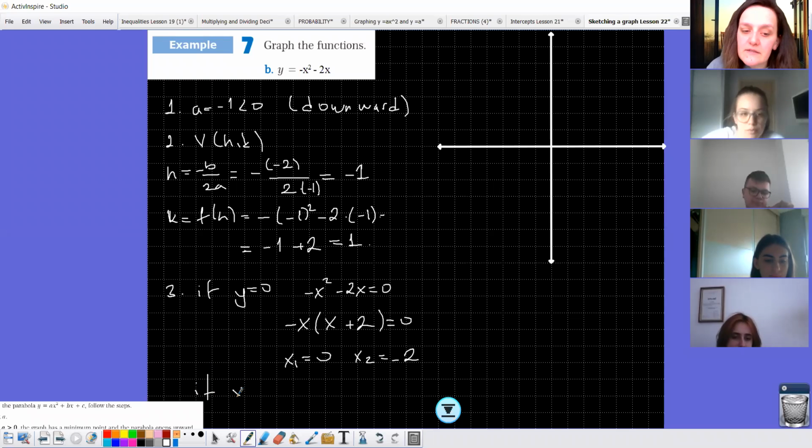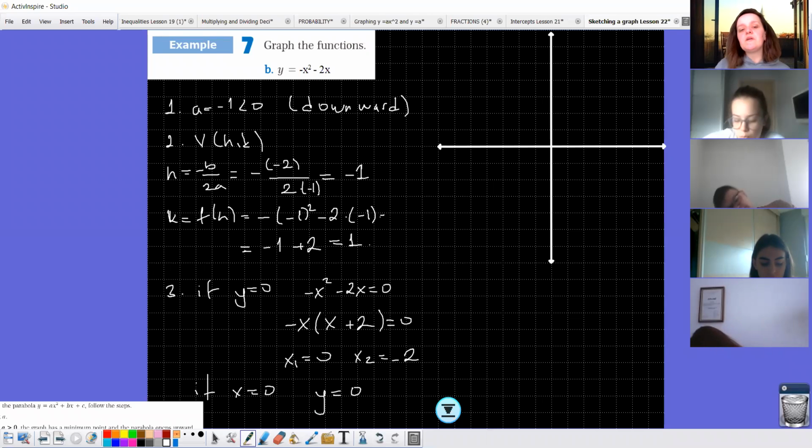And if x is equal to 0, y will be 0, because there is no other number, so y will be 0.